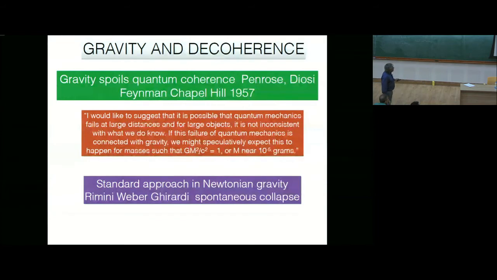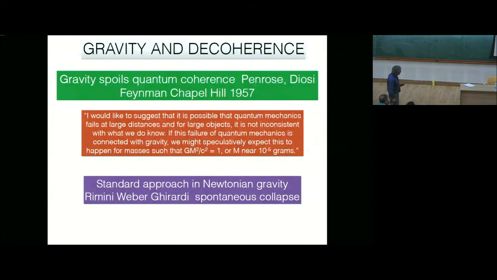Now, after Diosi and Penrose, there have been many studies of models that try to implement this idea that there's actually decoherence coming from gravity. What I find dissatisfying about all these approaches is that they all use Newtonian gravity, not relativistic gravity, and they use physics which is new in the sense that they put in by hand some new physics.